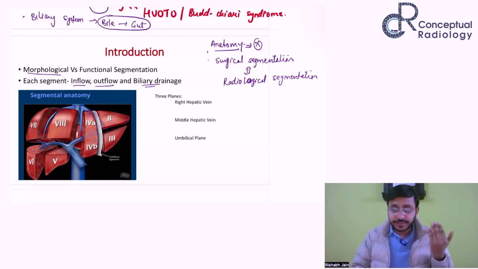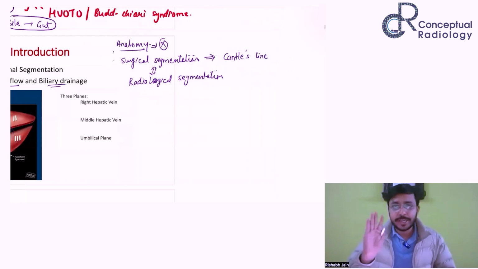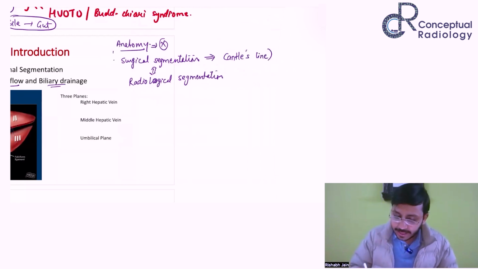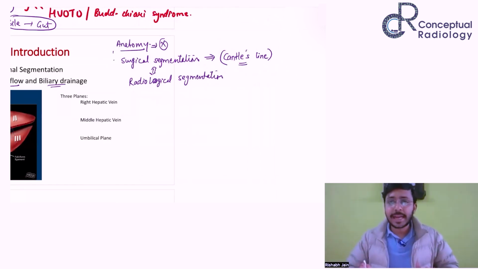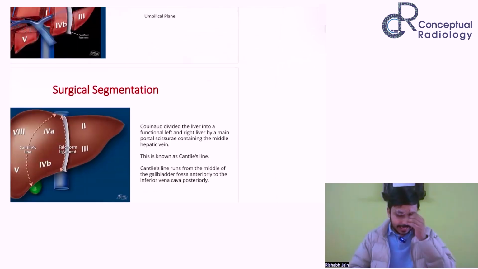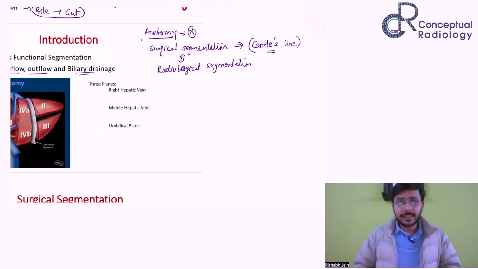Now, surgical segmentation is done with the help of a line known as Cantlie's line, which you have read in surgery during your NEET PG preparation. Tell me in the comment section, from where to where does Cantlie's line run? I've already shown you in the next slide also.